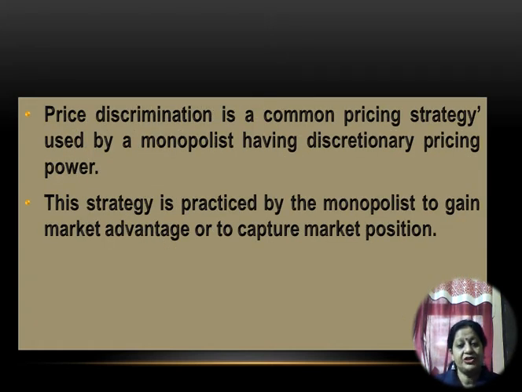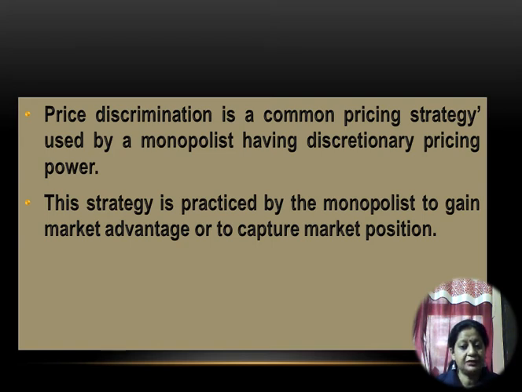Price discrimination is a common pricing strategy used by monopolists having discretionary pricing power, just to have control or power over pricing. The monopolists charge different prices from different customers for the same product, and this is known as a price war situation as well. This strategy is practiced by monopolists to gain market advantage or to capture market position.